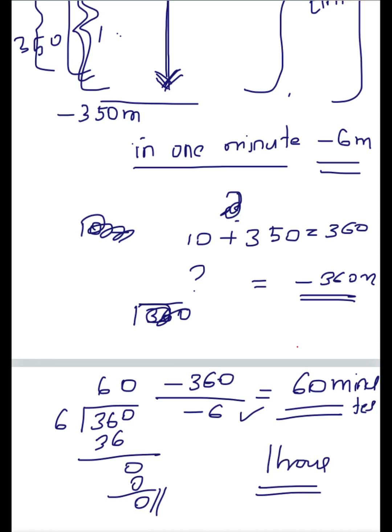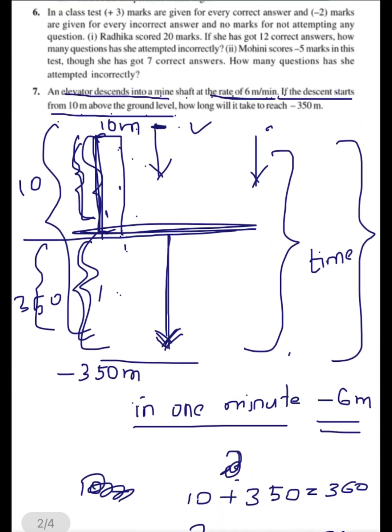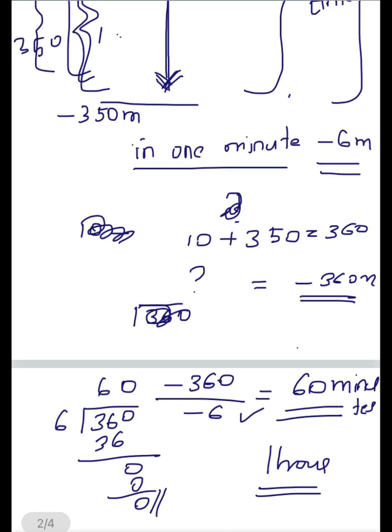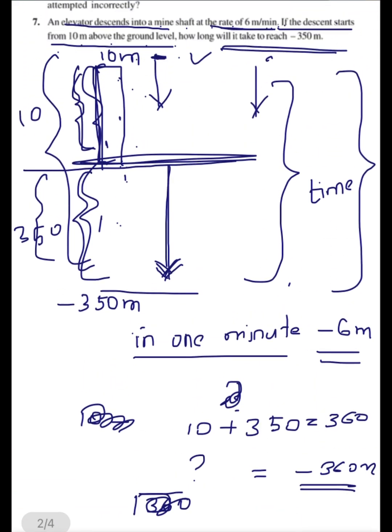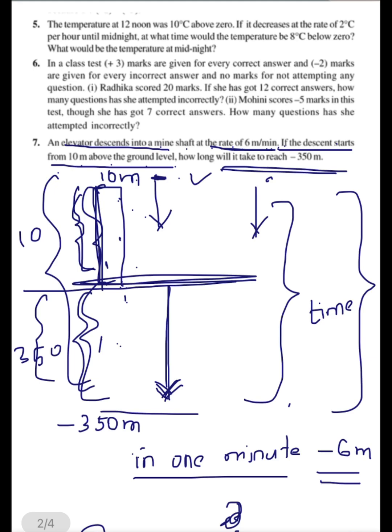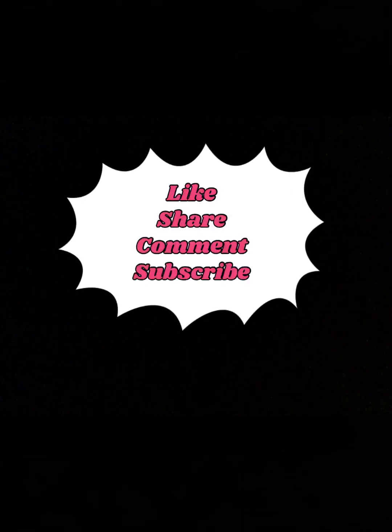So the time taken to reach minus 350 meter is 1 hour. Understand how we are doing this question? This is how you have to do the 7th question. I hope you understood this. So this is all about this exercise 1.3. I hope you understood all these questions. So that's all. Thank you.